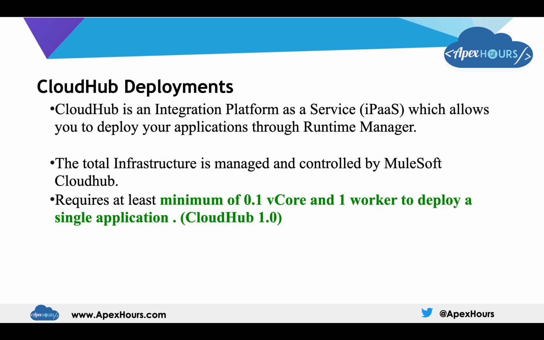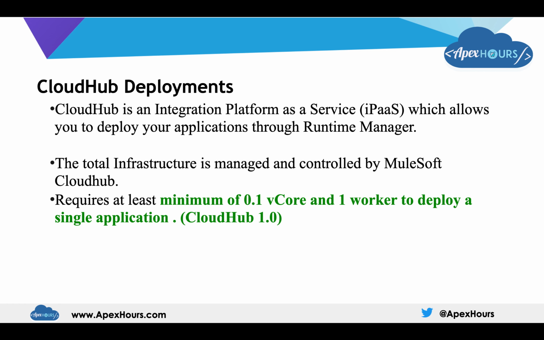It requires a minimum of 0.1 vCore and 1 worker to deploy a single application, and I am talking about CloudHub 1.0. We have CloudHub 2.0 as well, but in this session I am going to concentrate on CloudHub 1.0. CloudHub 2.0 is also very easy, it's not hard to deploy. Everything is configuration.